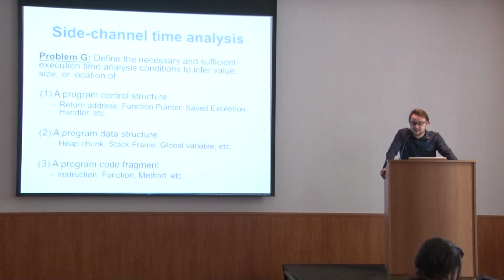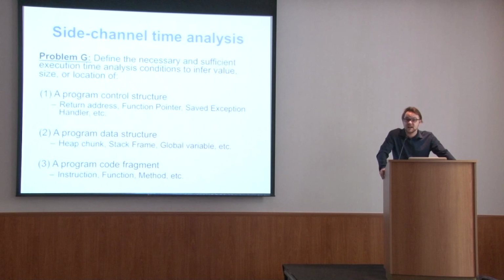Another problem we have is the ability to infer addresses or even values or sizes of variables based on timing measurements. People have tried doing that. For example, Paul Packett gave a really nice talk at SummerCon this year in New York, and he showed how he measured Firefox executions in order to deduce the value of particular pointers just based on the time it took to actually execute the JavaScript code that he could give.